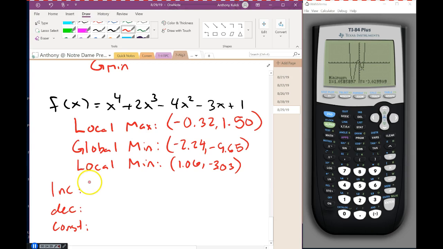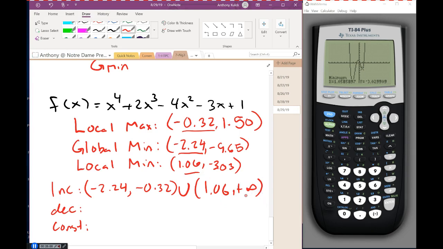So that's negative 2.24 to negative 0.32. My other increasing part is from the local minimum out forever. So I will go from 1.06, the local minimum, to positive infinity.